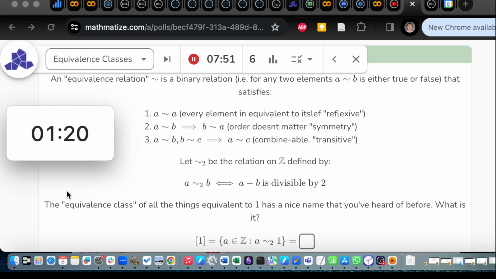And also every element is equivalent to its left. Every element, I guess in the set, is equivalent to itself. Sure. I'm going to say B. Yeah, it was definitely something.